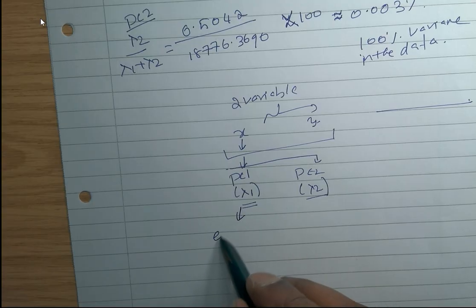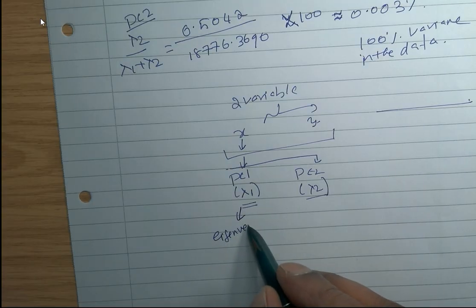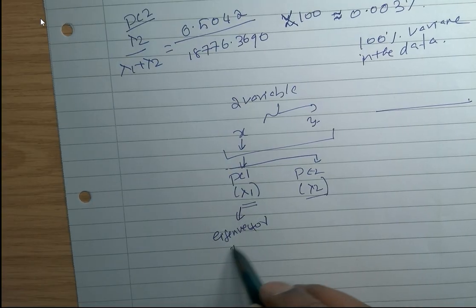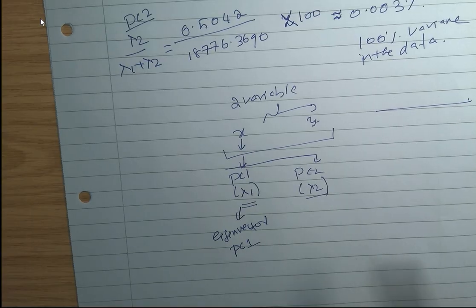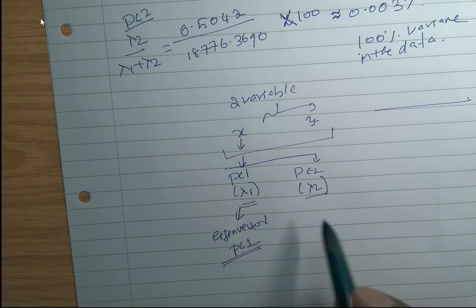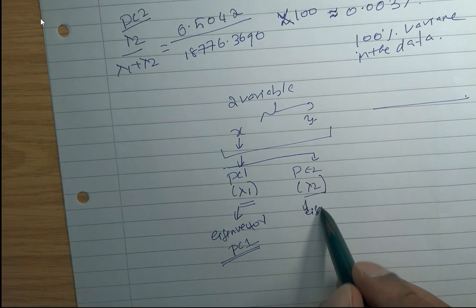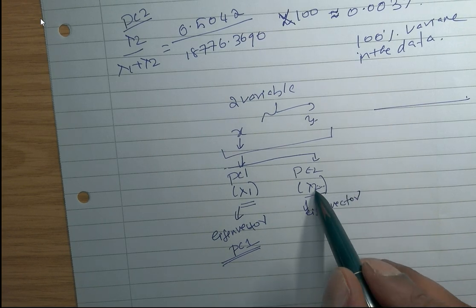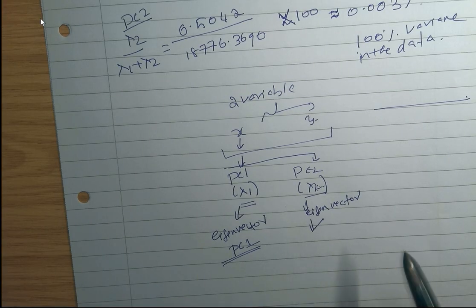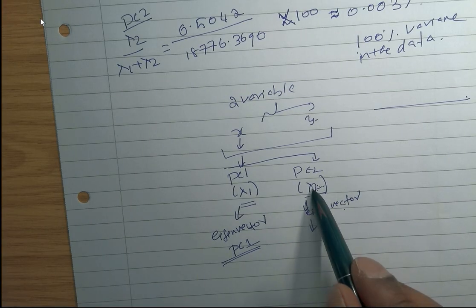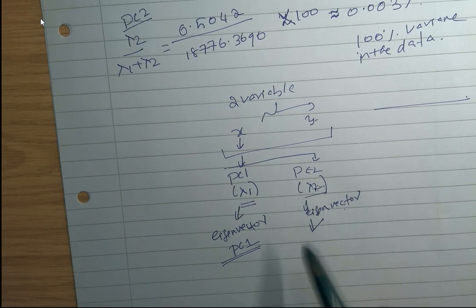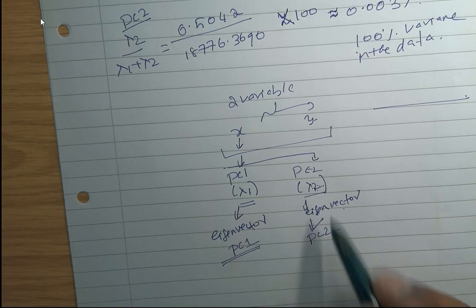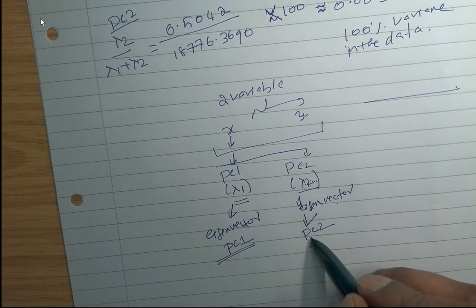The eigenvector of lambda 1 is nothing but the direction of principal component 1, and the eigenvector that corresponds to lambda 2 is nothing but the direction of PC2.